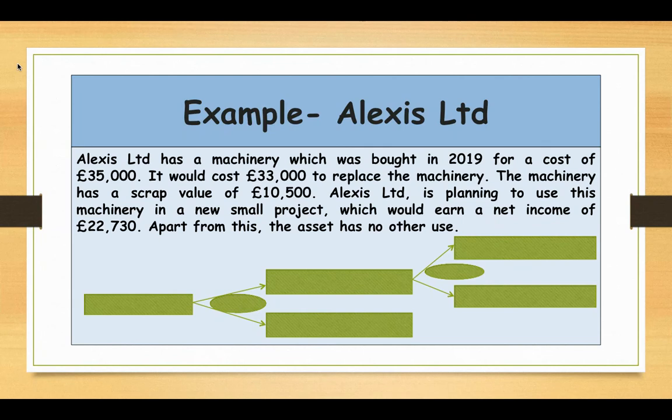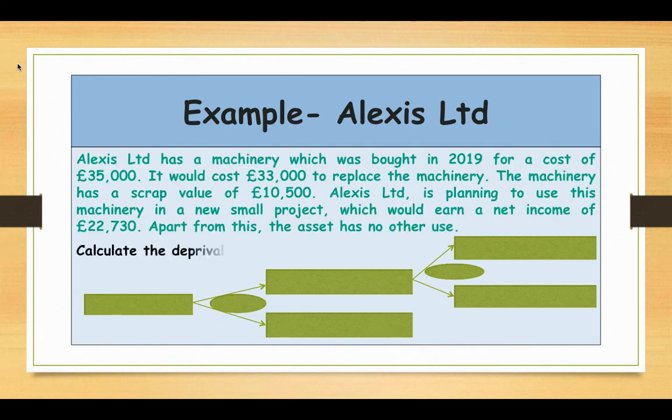It would cost £33,000 to replace the machinery. The machinery has a scrap value of £10,500. Now, Alexis Limited is planning to use this machinery in a small project which would earn a net income of £22,730. Apart from this, the asset has no other use.